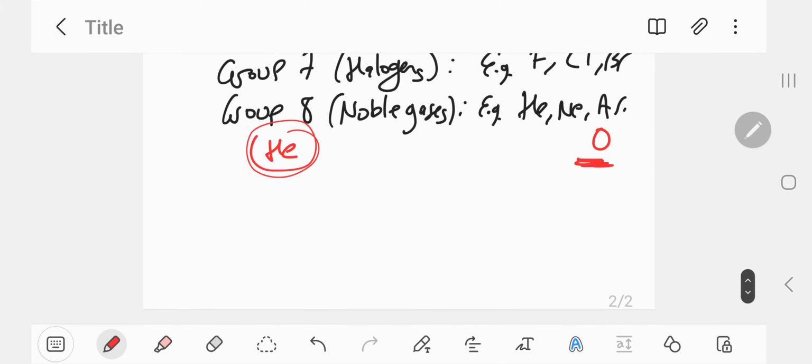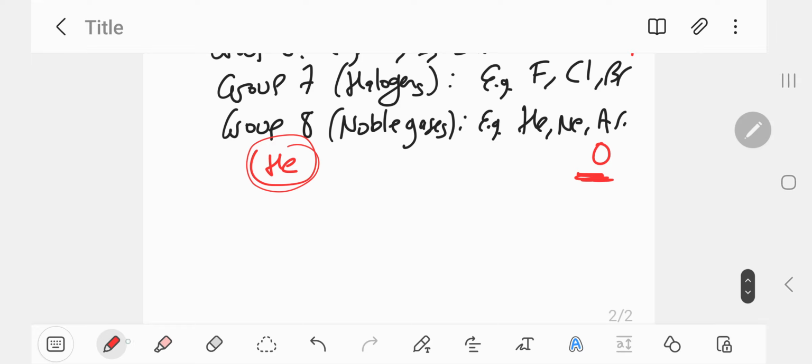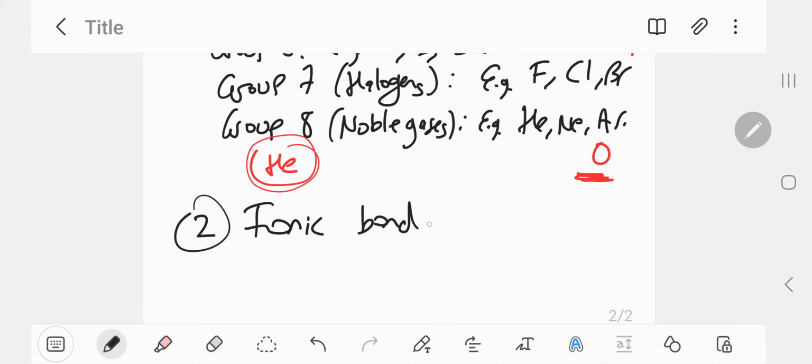So I'm going to get into now another type of bonding. I'm now going to talk about the ionic bond. Unlike a covalent bond, an ionic bond occurs between a metal and non-metal atom.